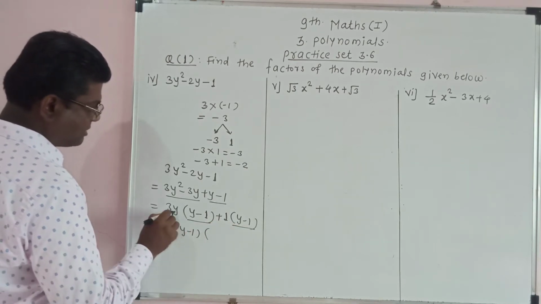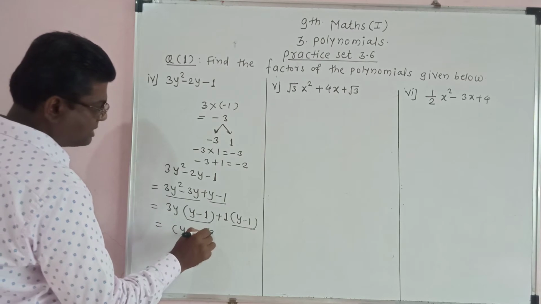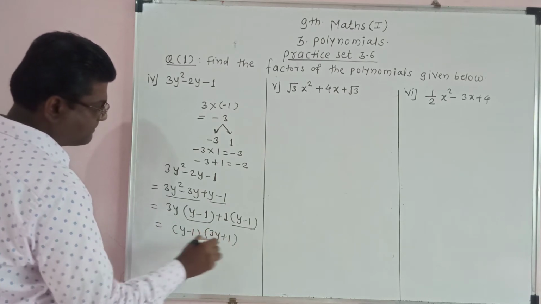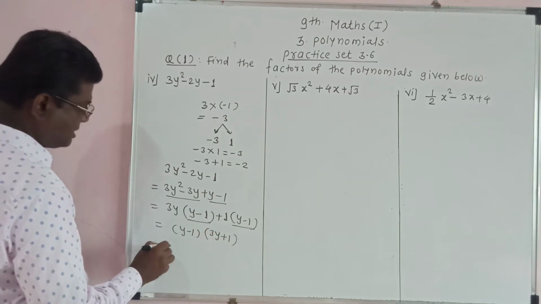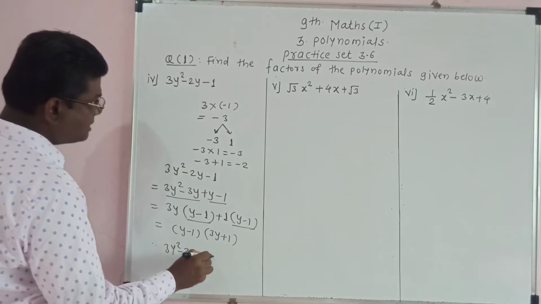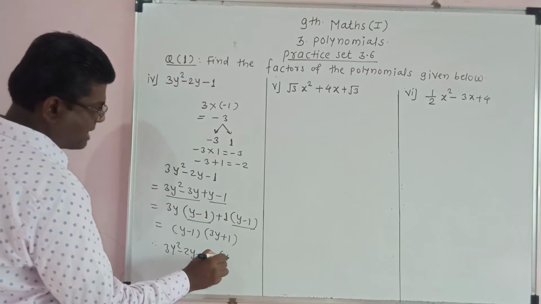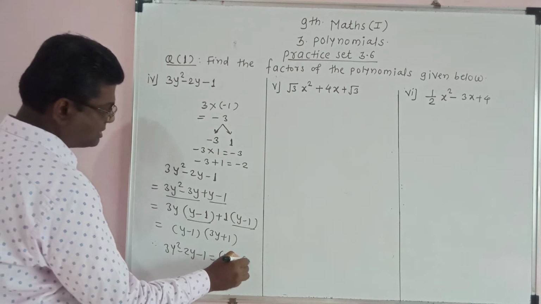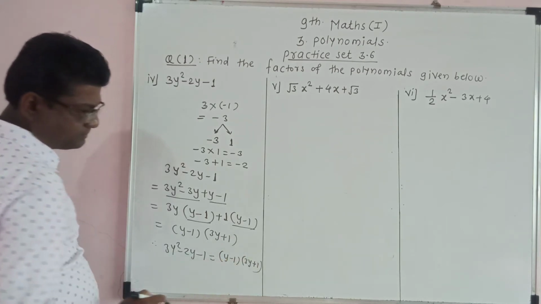In another bracket we can write 3y + 1. Therefore 3y² - 2y - 1 is equal to (y - 1)(3y + 1).